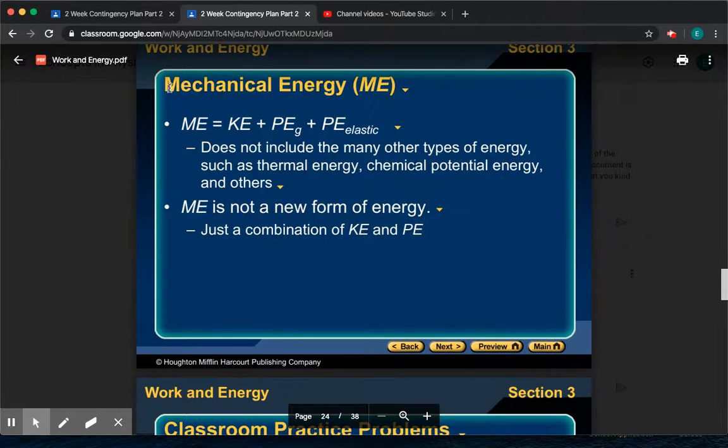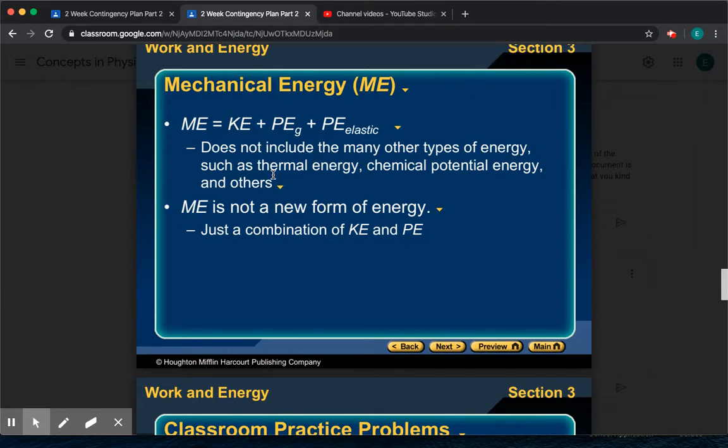So here's a new term that you're going to learn. Mechanical energy. Mechanical energy is the sum of the motion related energies. Mechanical energy is not a new type of energy, it is just a way to look at a system and determine how much of the energy is actually associated with just motion.